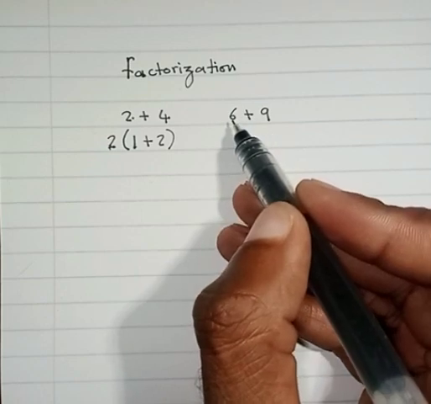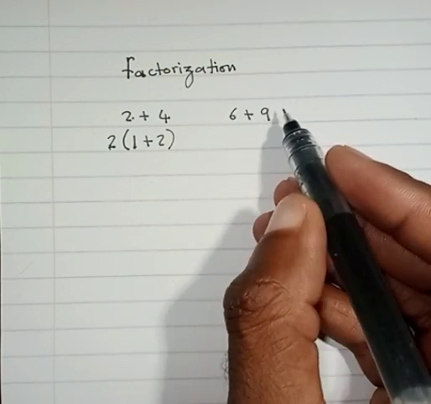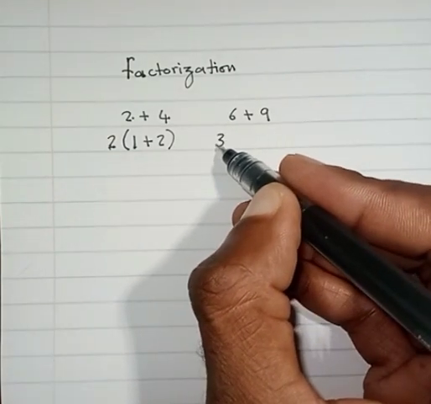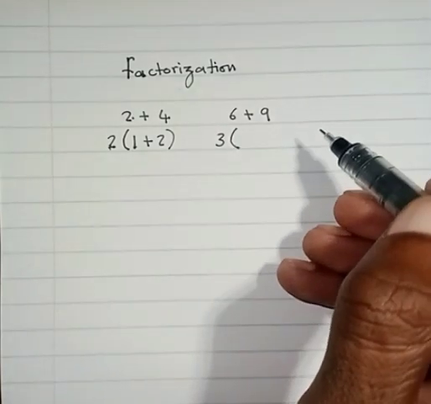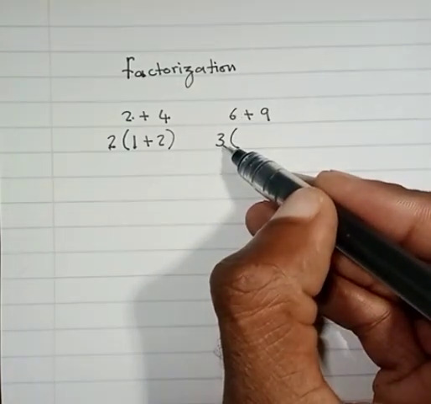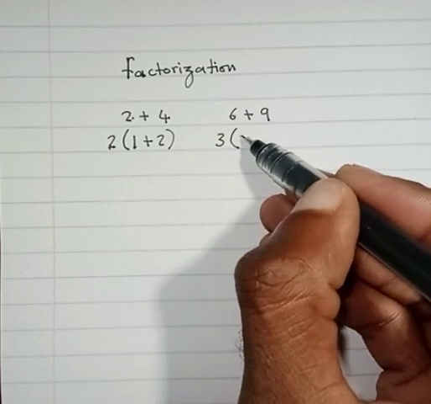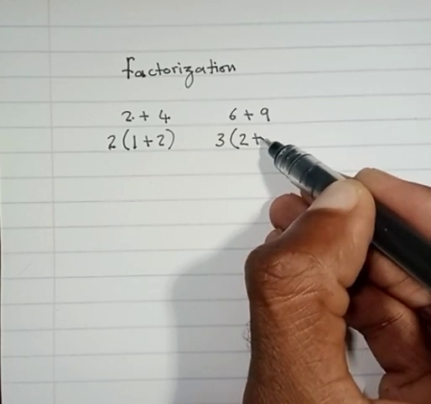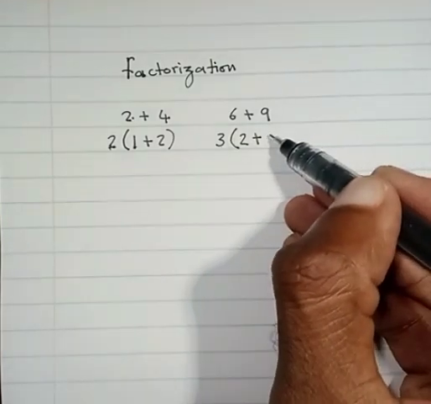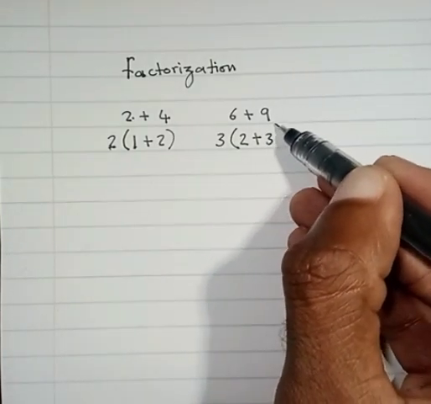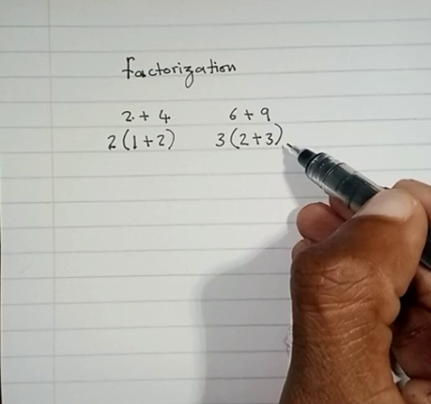So the number which goes into 6 and 9 without leaving a remainder is 3. So we have 3. Then we open parentheses. Now we can divide. 6 divided by 3, the answer is 2, plus 9 divided by 3, the answer is 3, like that. We have factorized.